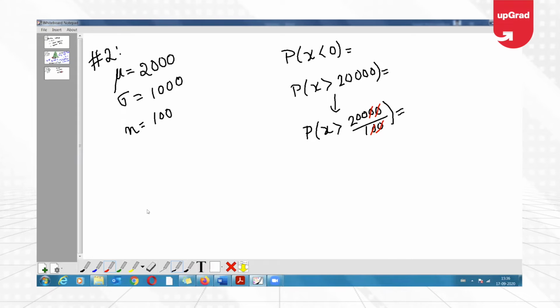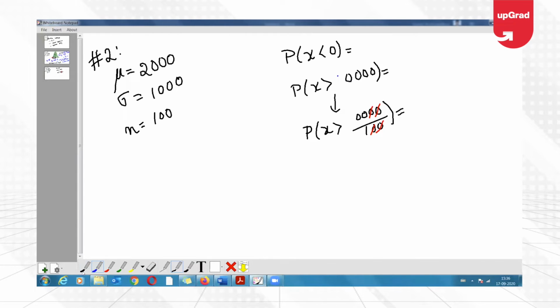Actually, let's make the problem a bit complicated. Let me just change these numbers a bit, maybe. So let me make this, say, profit of greater than 50,000, for example.